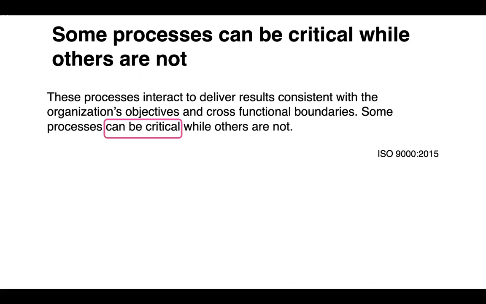Some processes can be critical, while others are not. So when we model how an organization works, we include in the model a set of processes. These processes are needed, but not all processes have the same impact or influence in meeting each objective or intended result. So let us see an example.